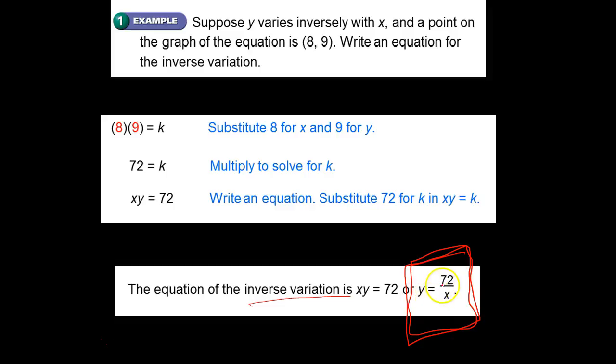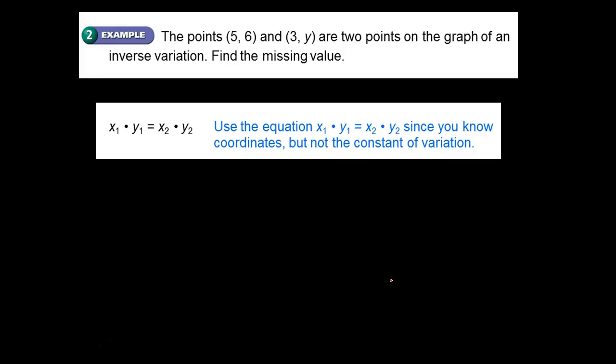So y equals 72 over x. So you're trying to see if a point is on the graph. Is (8, 9) on the graph of this equation? Yes, it is.